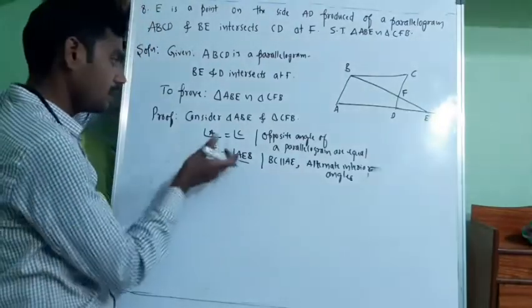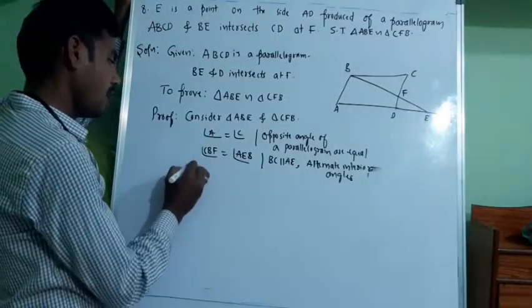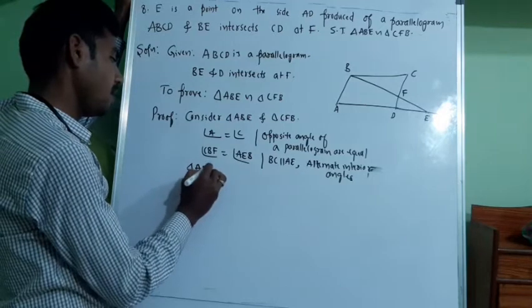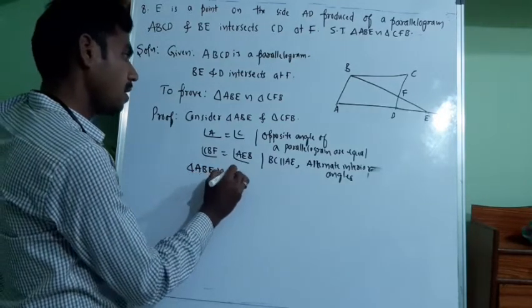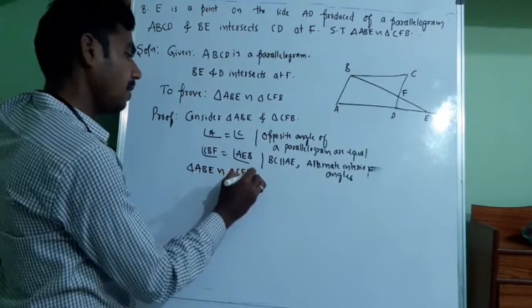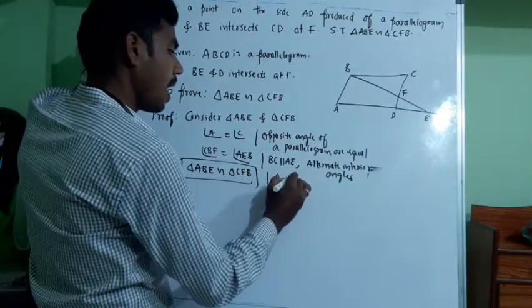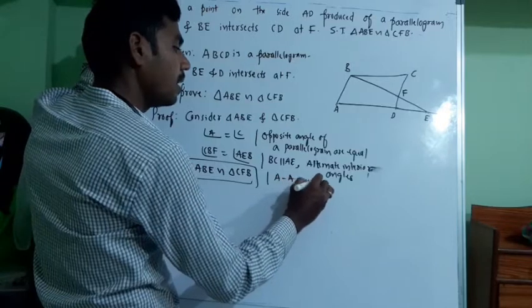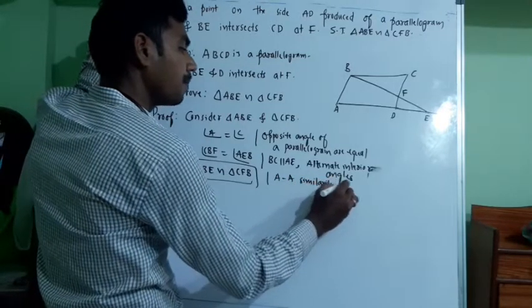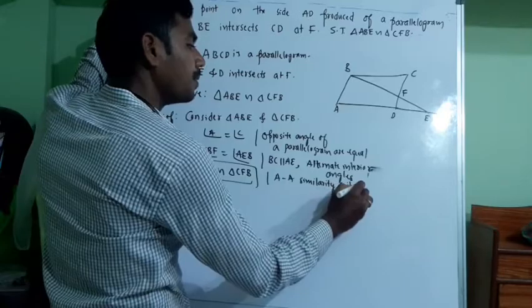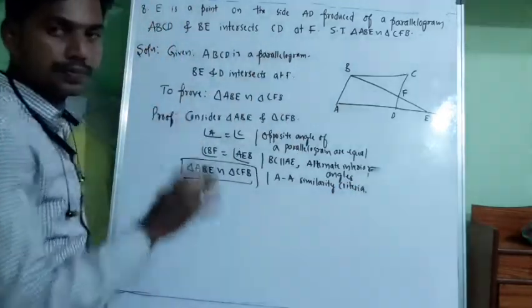So from 1 and 2, from these two what can I write? Triangle ABE is similar to triangle CFB. Why? This is because of the AA similarity criteria. So please note this down.